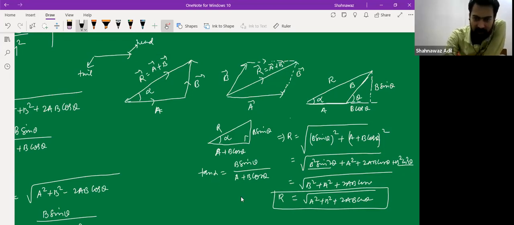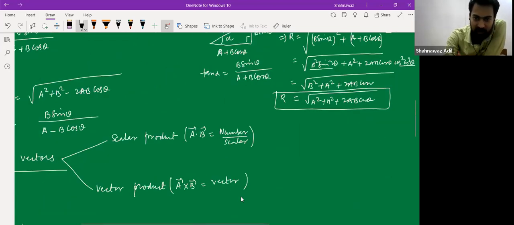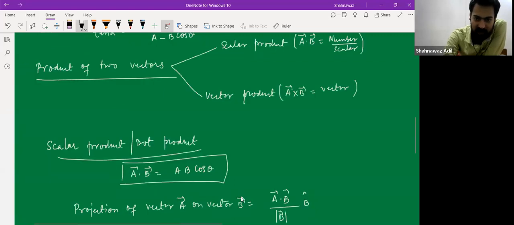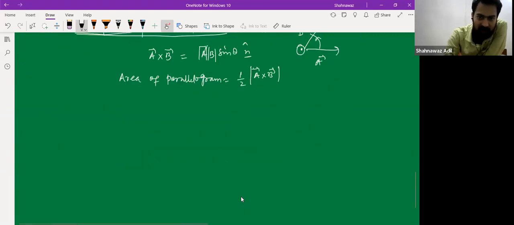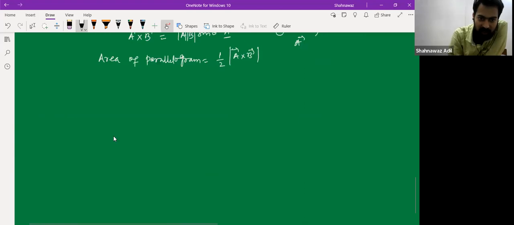What about the subtraction? For the subtraction case, what is the idea that we use?